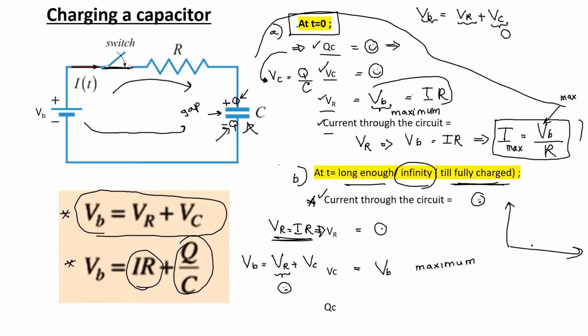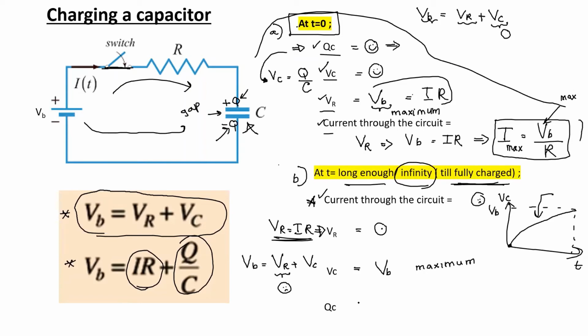So if I draw the diagram, at t equals 0, voltage across the capacitor was 0, right? At t equals infinity, voltage across the capacitor becomes VB. So it is increasing with time, right? So in the next slide, we will learn about this curve. So it is increasing like this. So we will learn about this equation later.